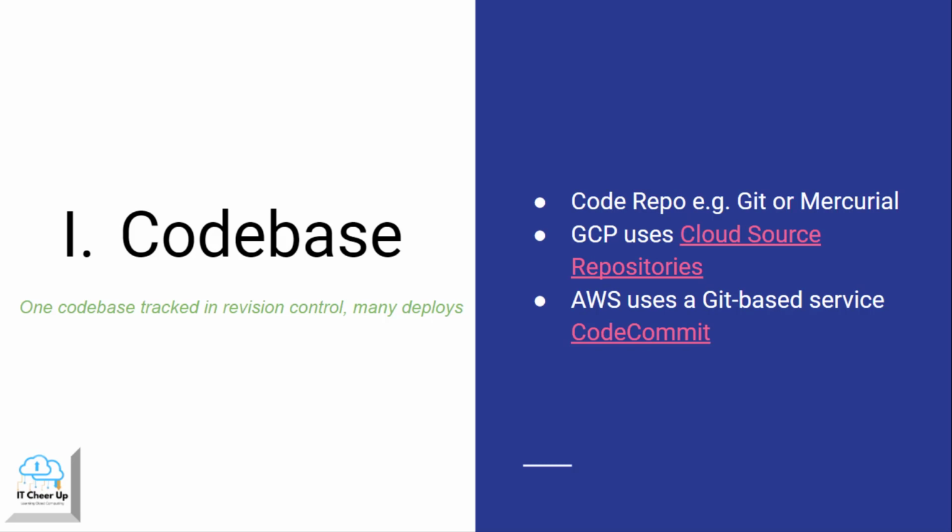AWS uses a Git-based service, CodeCommit, to eliminate the need for you to manage your own source control system or worry about scaling its infrastructure. We will talk more on the CI/CD in number 5, build, release, and run.